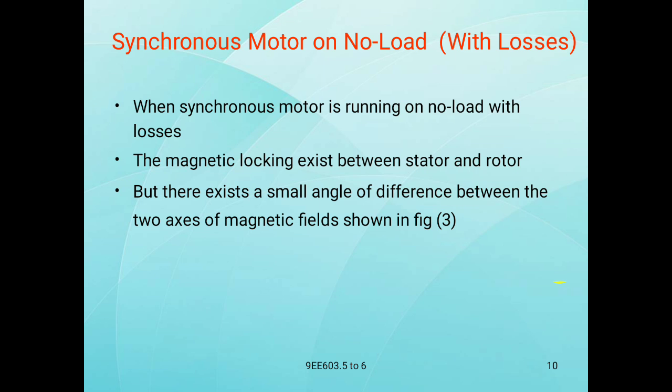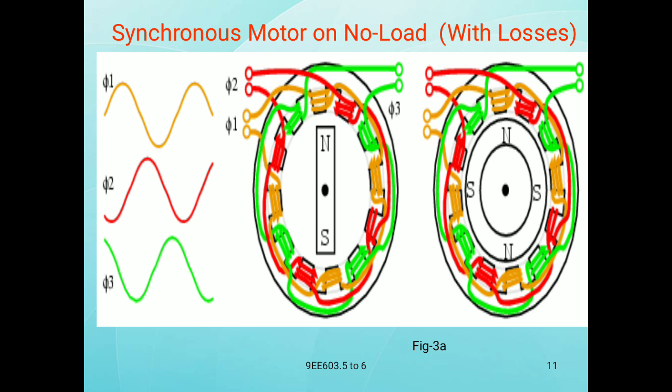When the synchronous motor is running on no load with losses, the magnetic locking exists between stator and rotor, but there is a small angle of difference between the two axes of the magnetic fields, as shown in the figure.